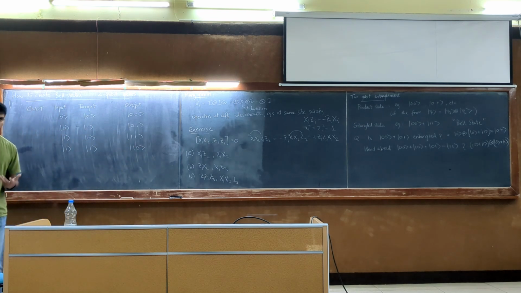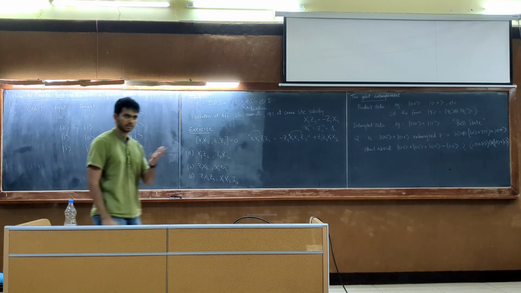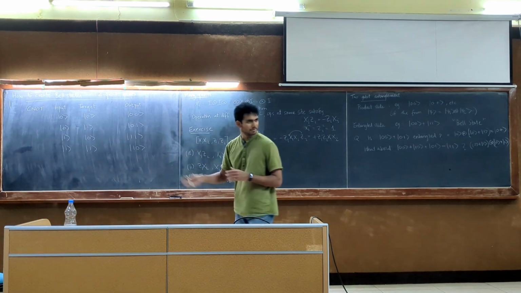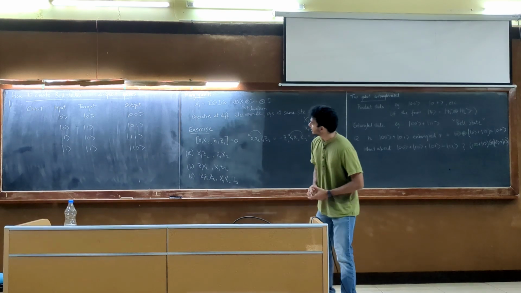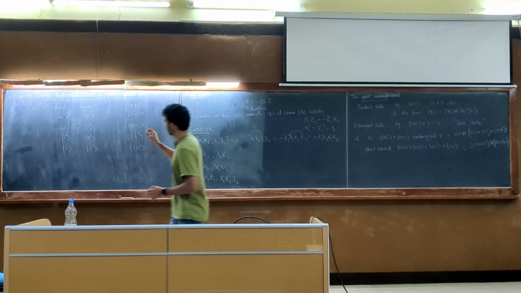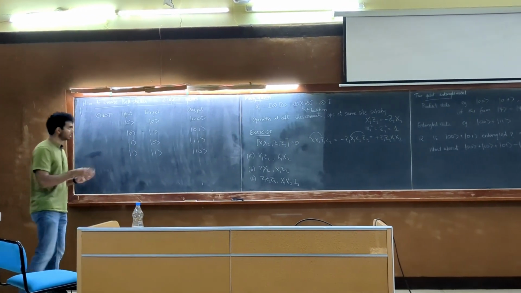If you've seen the CNOT gate in your first semester computer science class, or second semester electrical, I forgot. But this is basically the classical CNOT gate, but applied to quantum states.